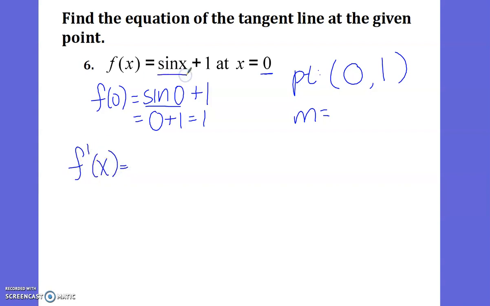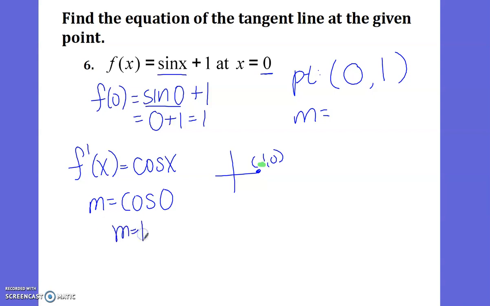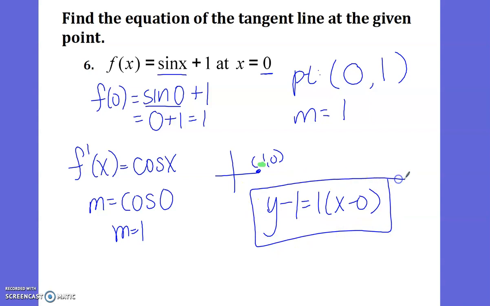The derivative of sine is cosine, and the derivative of 1 is just 0. So to find the slope, I plug in 0 for x. We know at 0, cosine is 1. So the slope is 1. So y minus 1 equals 1 times (x minus 0). There's our equation of the tangent line.